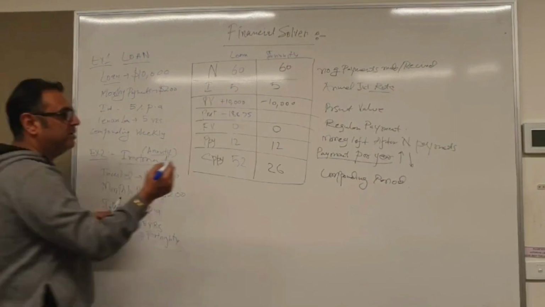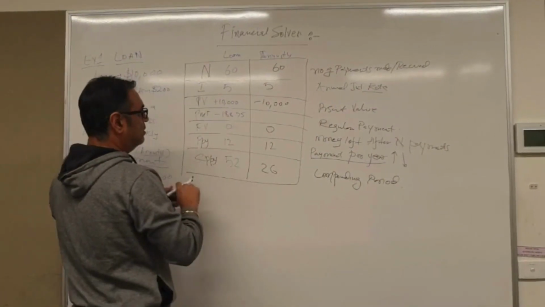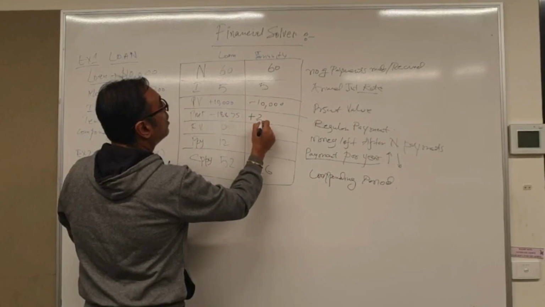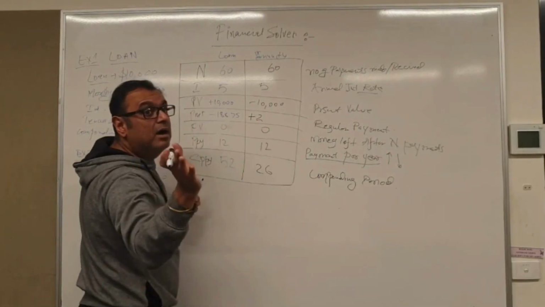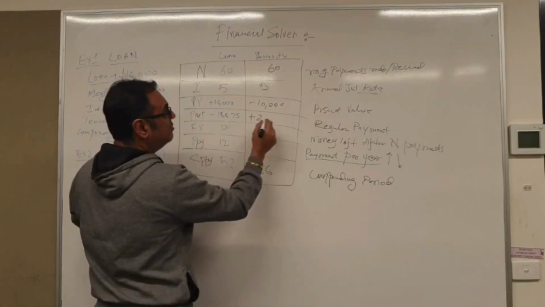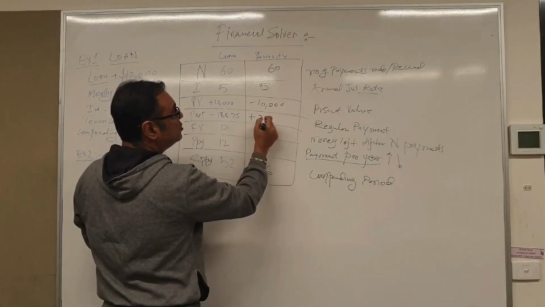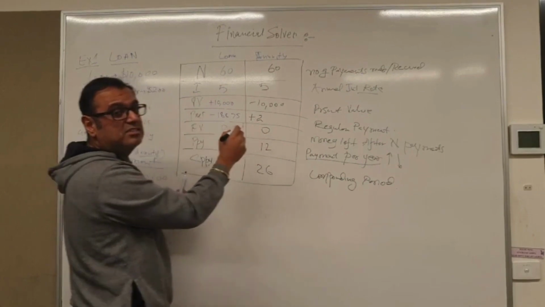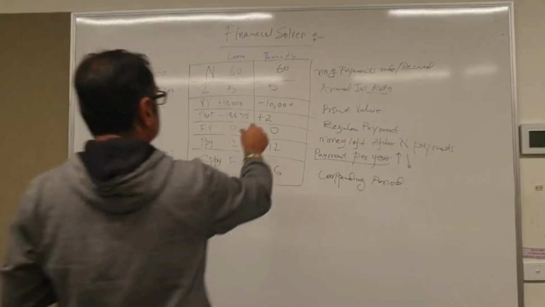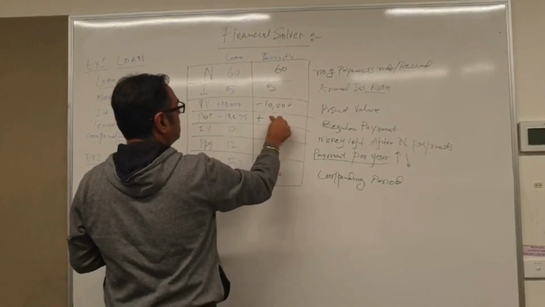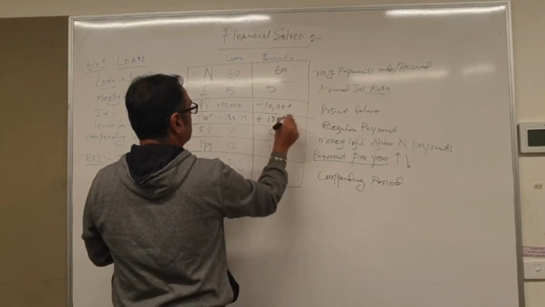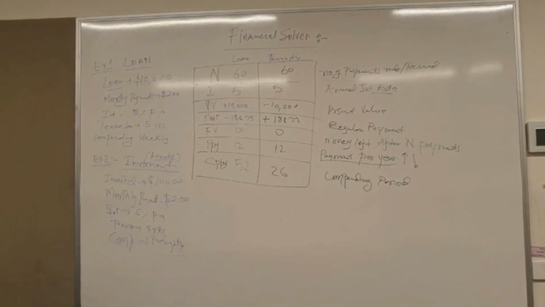How much did you get now? Give me the answer. 188.73. You should get this value. Right?